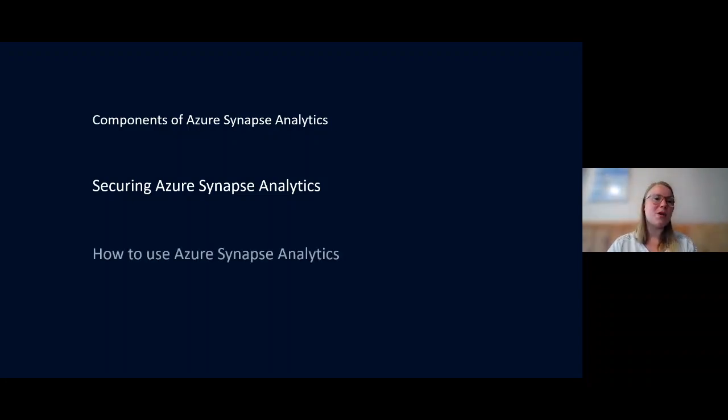And then lastly, we're going to go through how to use Azure Synapse Analytics. So really, just walking through an example of how you would pick the pieces that you're going to use and how you are going to take also the parts from the second portion and figure out what's the right option for you.